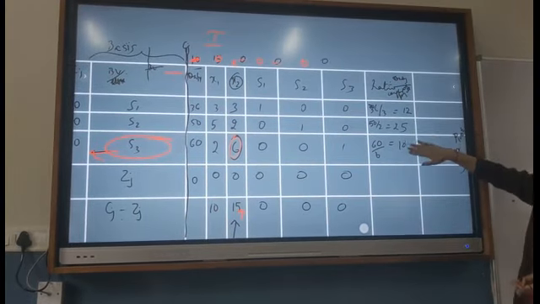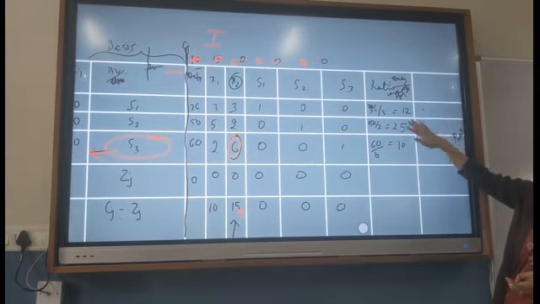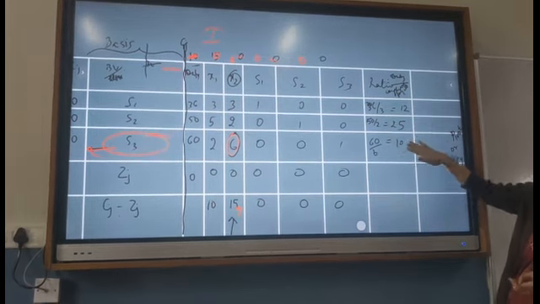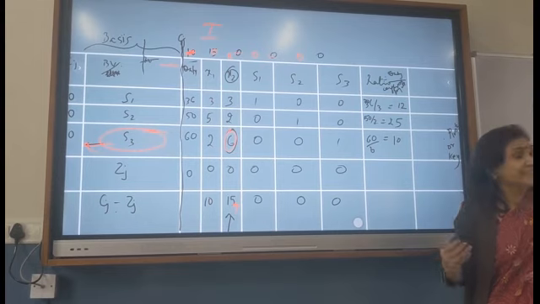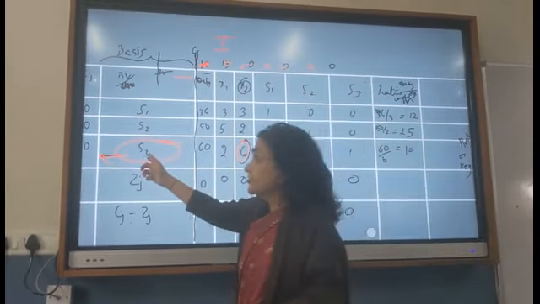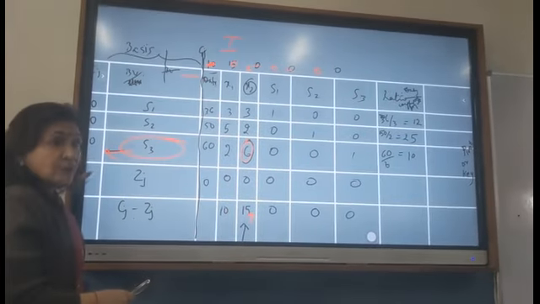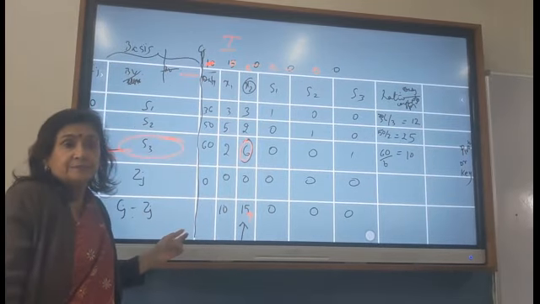Here, this is telling me that machine A is capable of making 12 units of x2. This is capable of making 25 units of x2, while this is capable of making only 10 units. So since machine C is acting as a constraint, this is the variable which will be driven out of the system. Okay, so S3 goes out and x2 will enter.